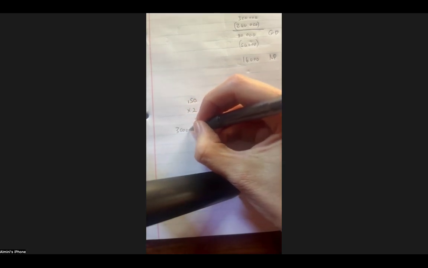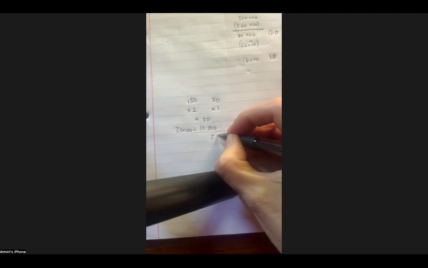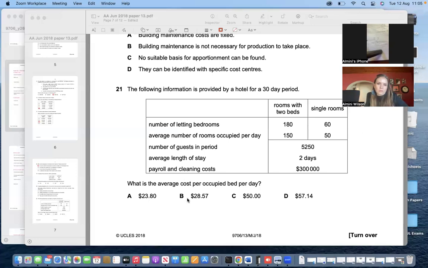So basically, we had 10,500 beds over this 30-day period, and our cost was 300,000. So I just want to go 300,000 divided by that, and then let's see what we get. 28.57 dollars. That will be answer 21B.